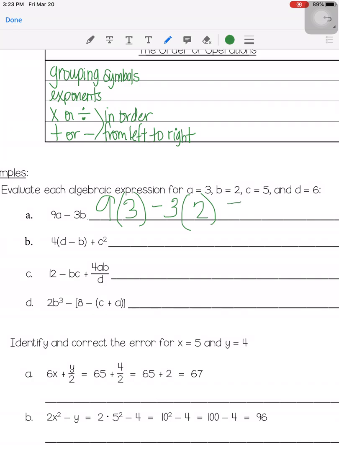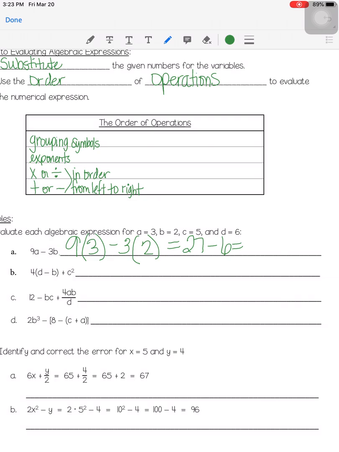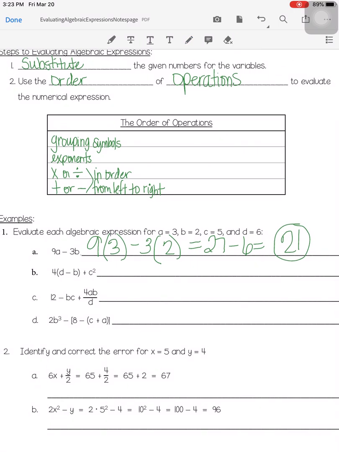So we have 9 times 3, which is 27, minus 3 times 2, which is 6, which gives us an answer of 21. So we substituted 3 for A, we substituted 2 for B, and we got 21.